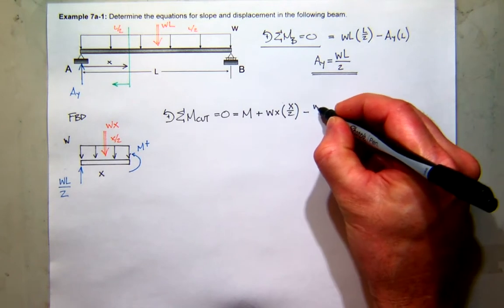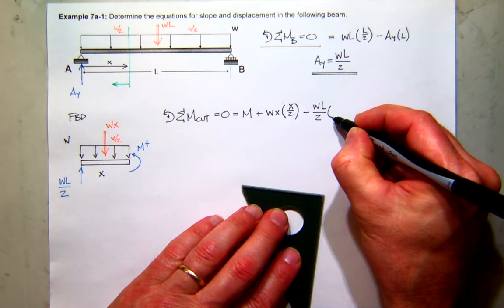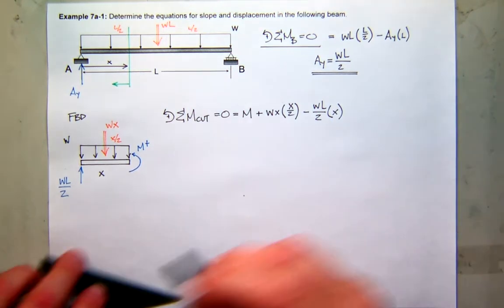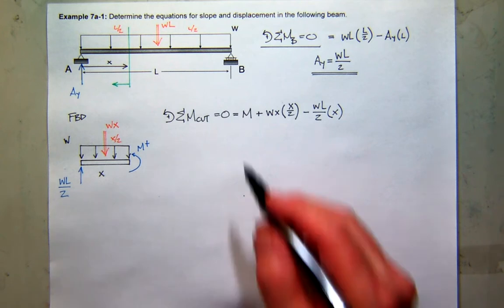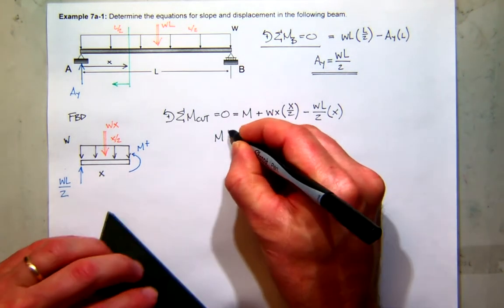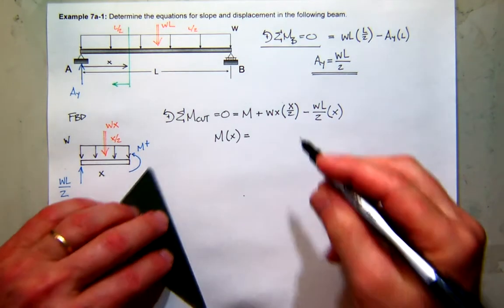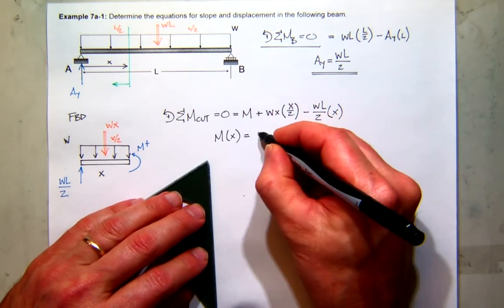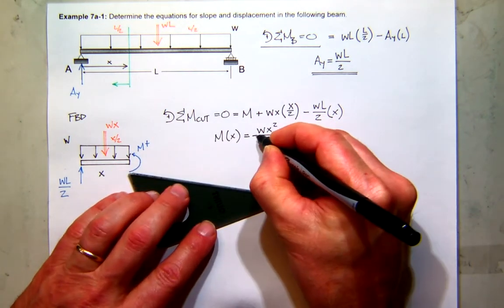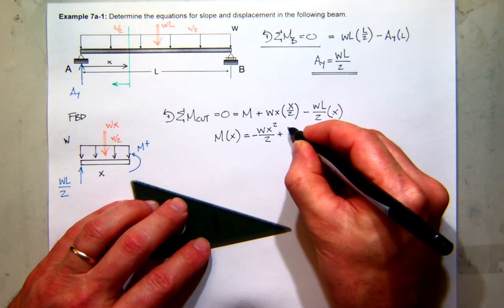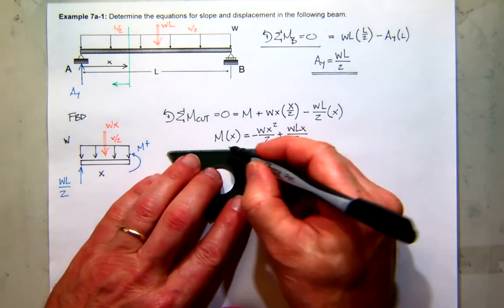And that will be a force of WL over 2, and it'll have a moment arm of x. So far, so good? So we'll just solve for the moment. The moment as a function of x is going to be equal to what? I'm going to get negative Wx squared over 2, plus WLx over 2. Here's my moment equation.